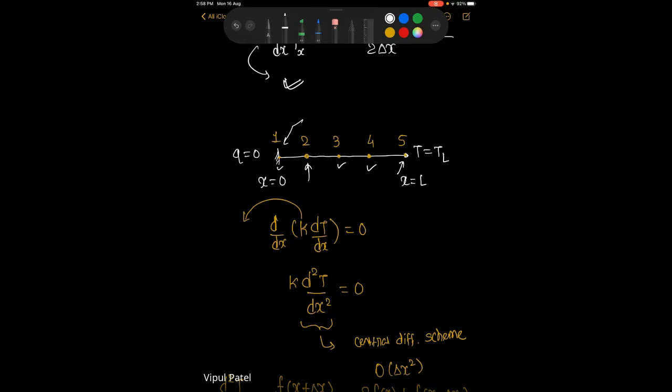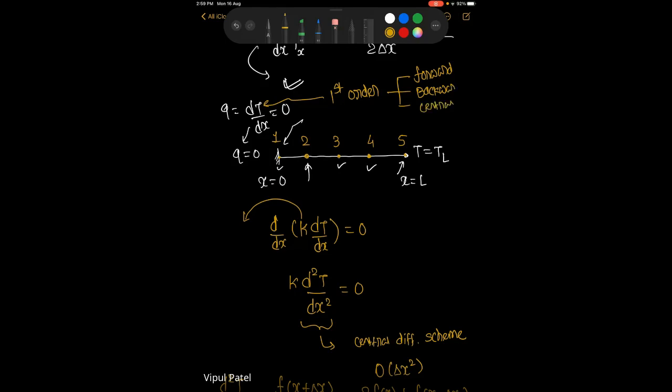Okay, here we know that this q is nothing but k into dT by dx, or you can simply say that this is nothing but dT by dx. Okay, and q is equal to 0, that means obviously dT by dx is equal to 0. Now this dT by dx is our first order differential term, and for that we have derived three expressions: forward difference approximation, backward difference approximation, and central difference approximation.